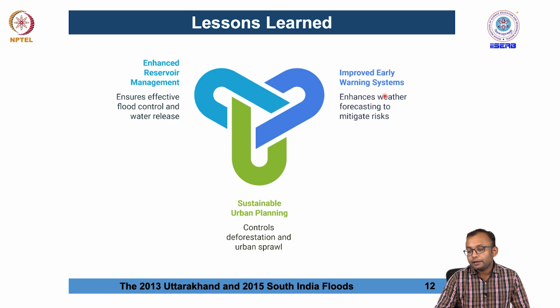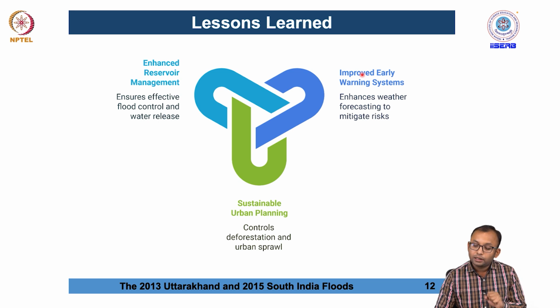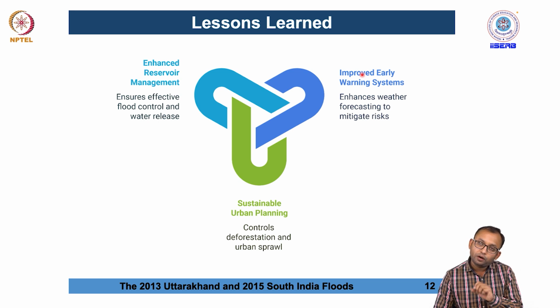Then another important learning from these case studies was improved early warning systems. If we have an early warning system, for example weather forecasting, we can calculate the risk associated with different flood levels, or know which zones need some sort of prior assessment, if the floods occur, how much area will be inundated.